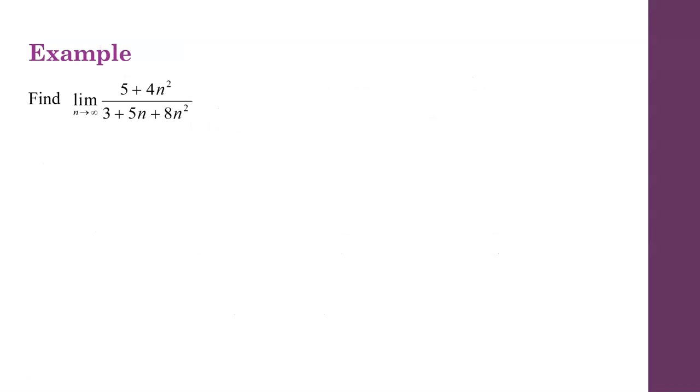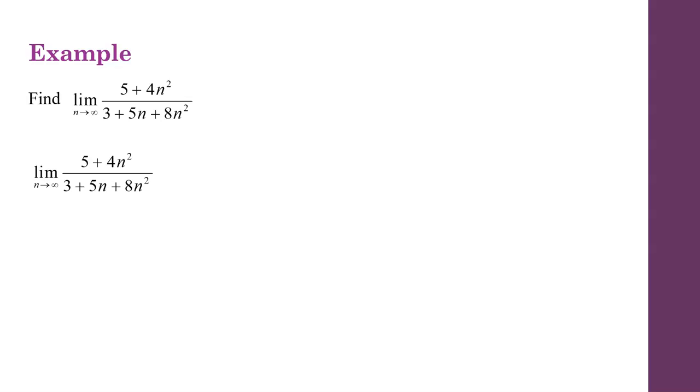We want to find the limit of that fraction, n plus 4n squared over 3 plus 5n plus 8n squared, and the limit is as n goes to infinity. So what we're going to do in this case is take the numerator and the denominator and divide them by the largest power of n in the denominator.